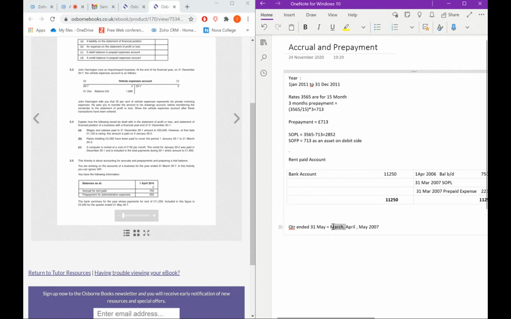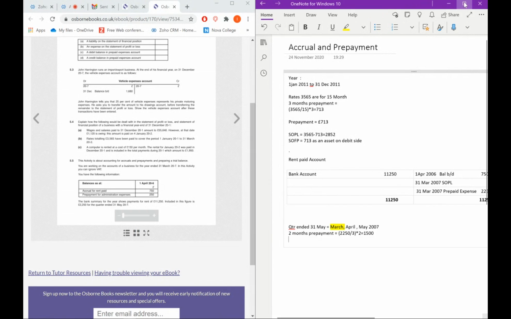How much would be just March? March is related to the year, right? So these two months only are the prepayments. So there is 2 months prepayment, which will be calculated as 2250 divided by 3 times 2. 1,500 pounds.